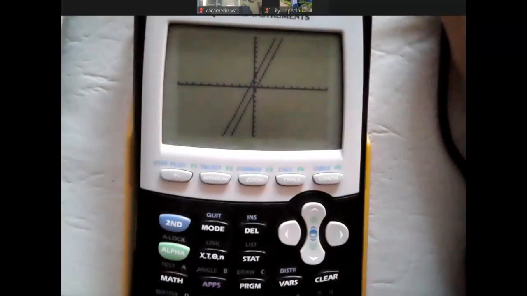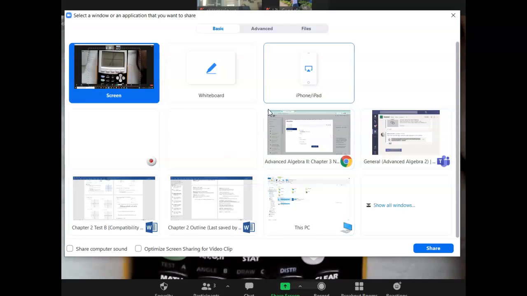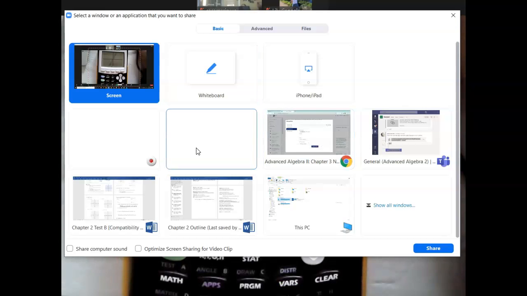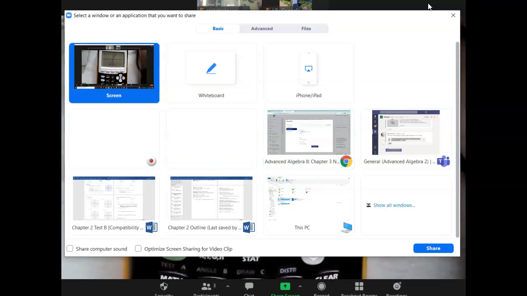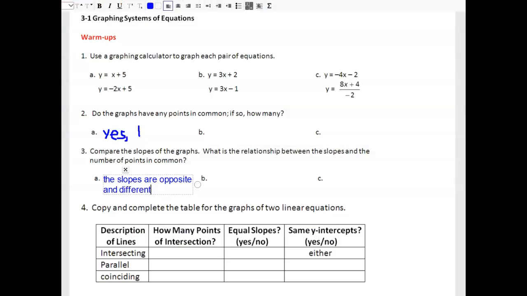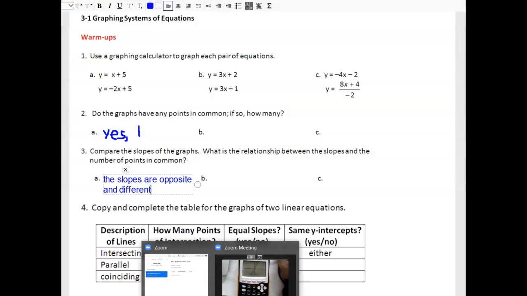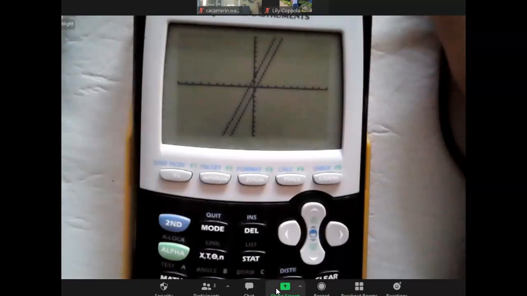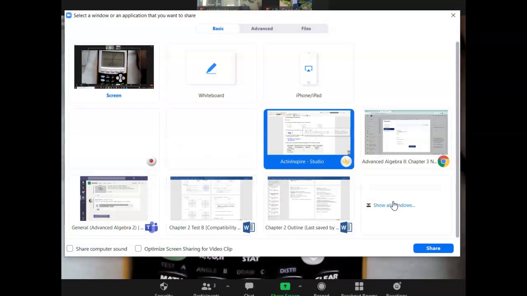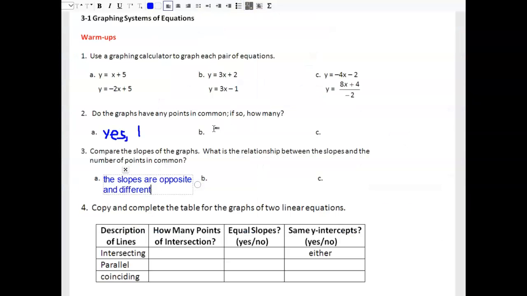So how many points do they have in common? In this case, it is 0. Do they have any points in common?